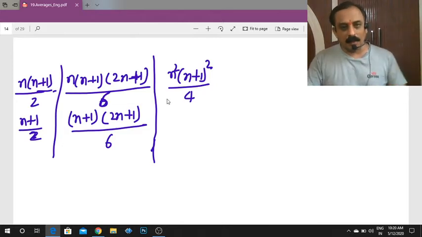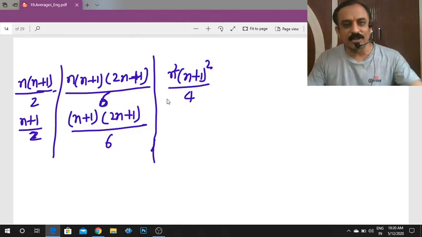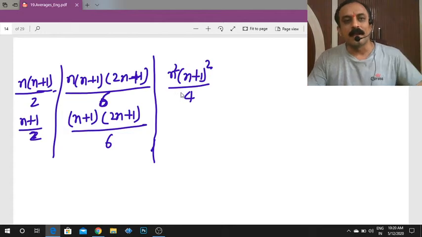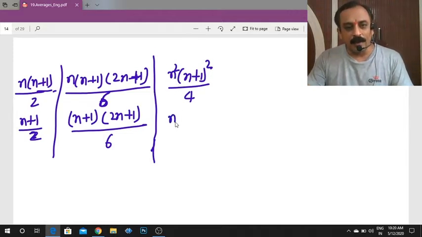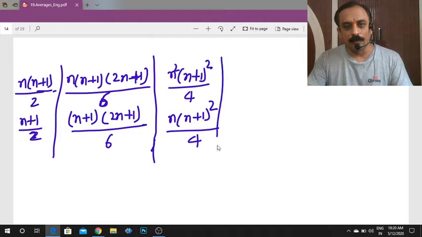The sum of cubes of the first n natural numbers is equal to n square into (n plus 1) whole square by 4. Now what is the average? Cancel one n in the numerator: n into (n plus 1) whole square by 4.